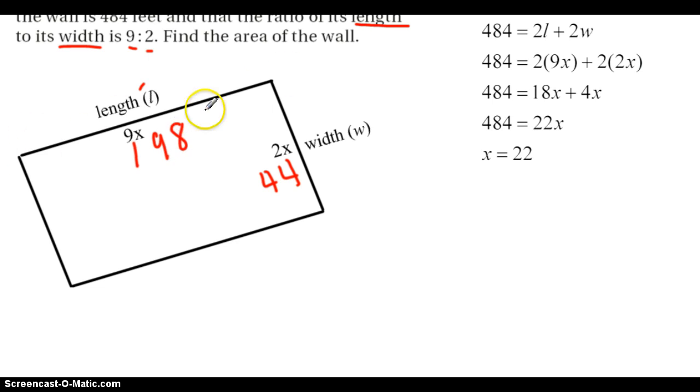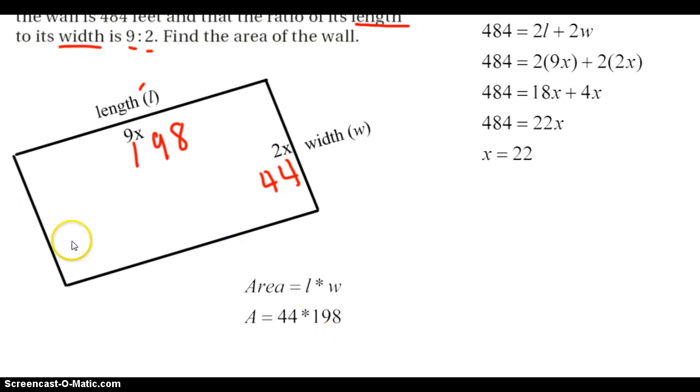So that's the length, and this is the width. The area of a rectangle is length times width. So 44 times 198, and my final answer is 8,712 feet squared. If you are taking feet times feet, that gives you feet squared, okay?